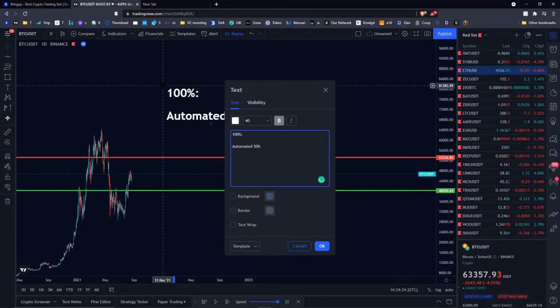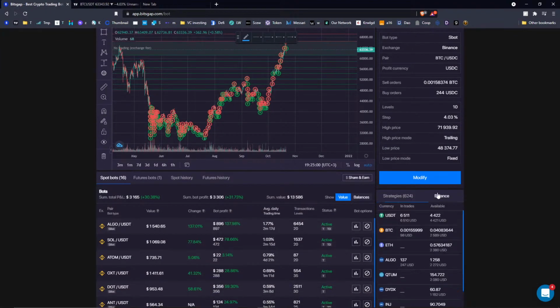The rest goes to hodl. It's like just buying coins and holding them on your balance. And for me, that's Bitcoin here, that's Ethereum, some Algo, Quantum, DYDX.